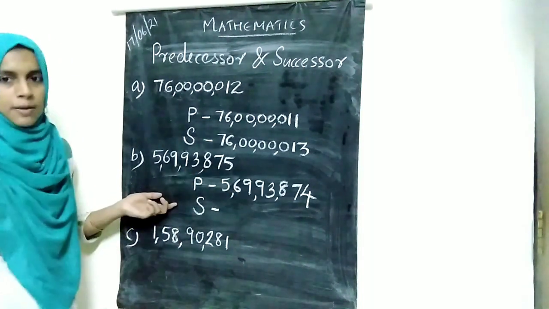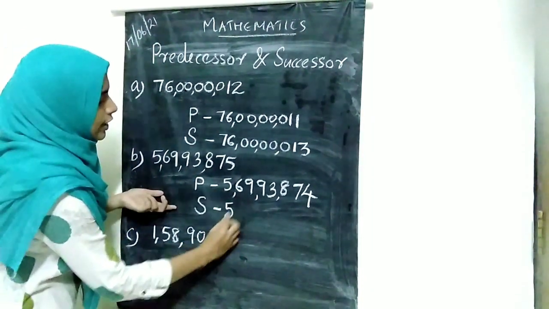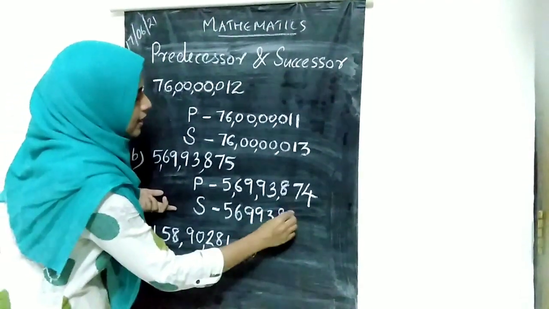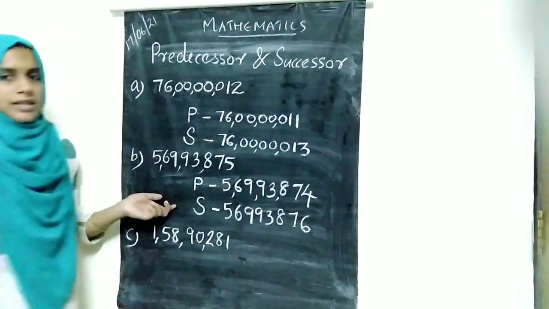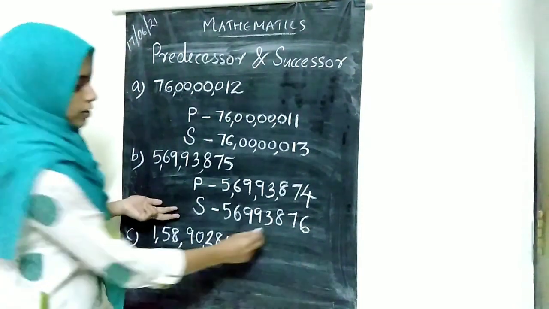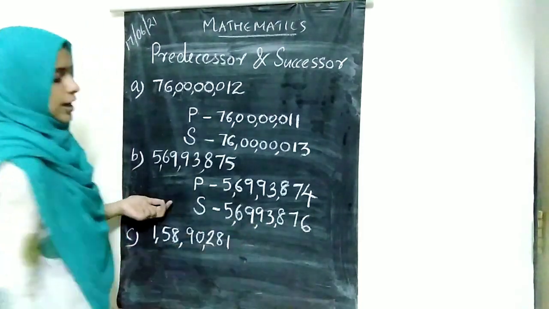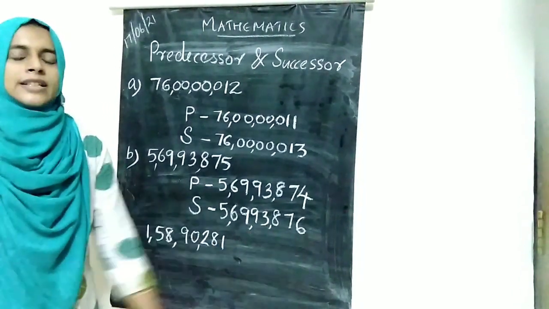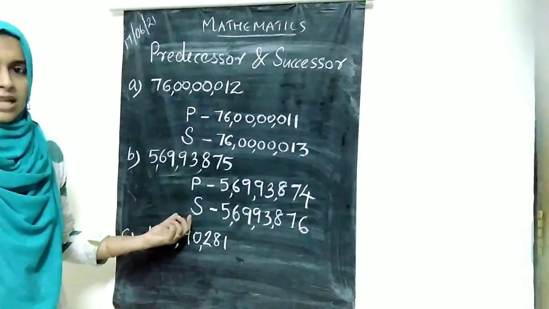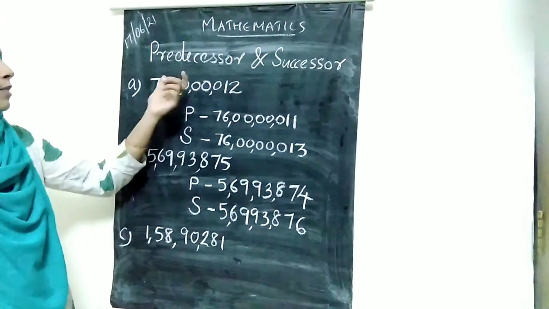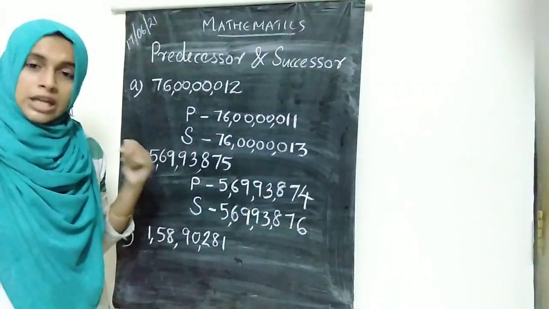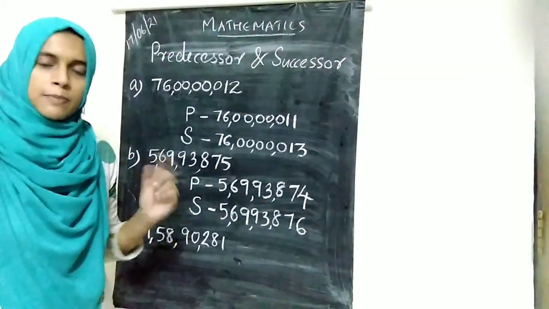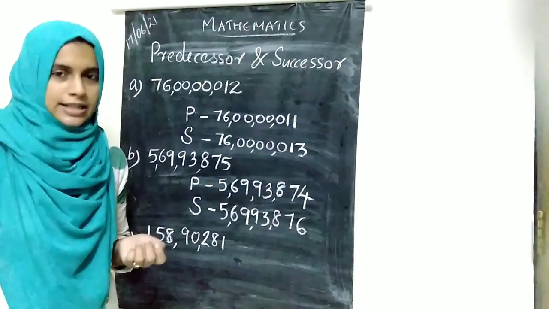Add 1 to this number, so we get 5, 6, 9, 9, 3, 8, 7, 6. So the number will become 5 crore 69 lakh 93,876, which is the successor. For understanding, you can remember like this: predecessor, previous number; successor, next number. Okay? PP, like that you can relate it.